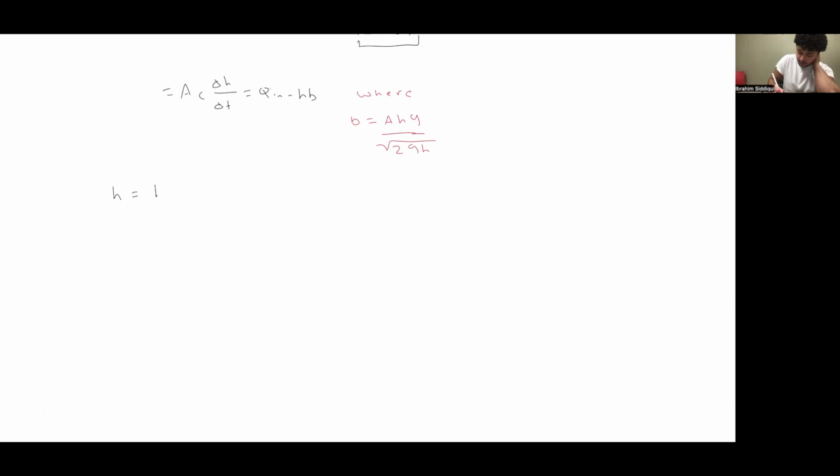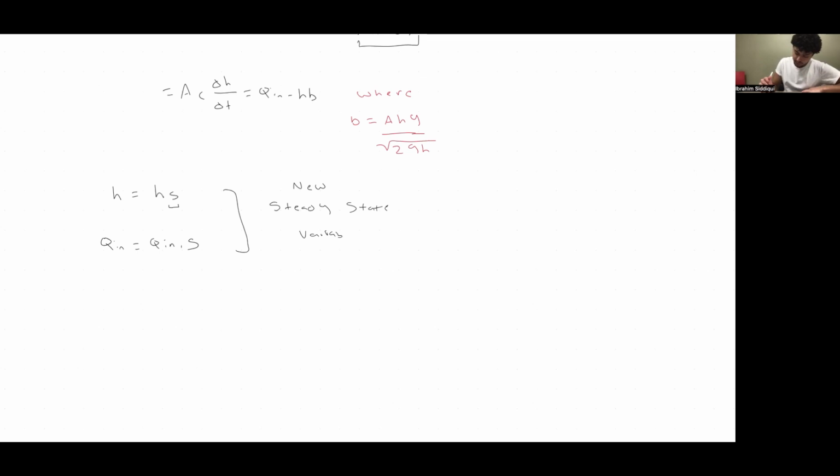This S is essentially just saying it's at steady state, and we can do this for Qn. So Qn, our flow rate coming in, is going to be equal to Qn comma S. So essentially this is what our new steady state variables are.